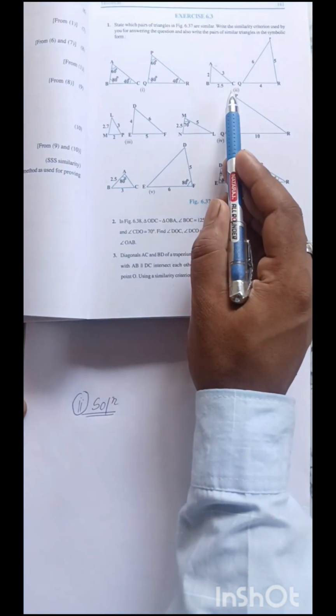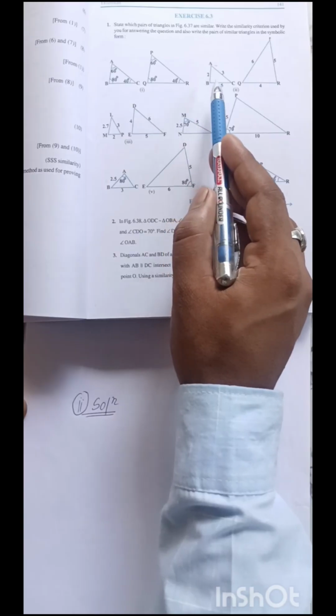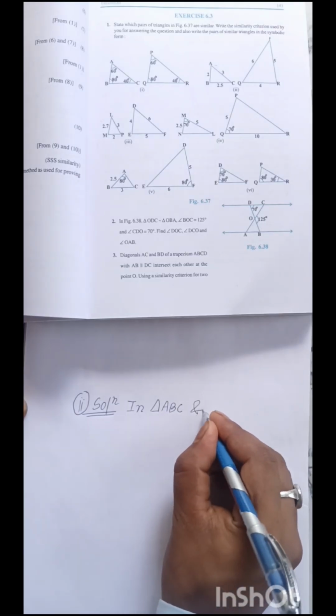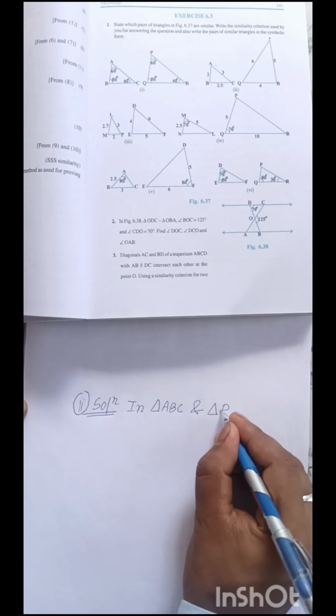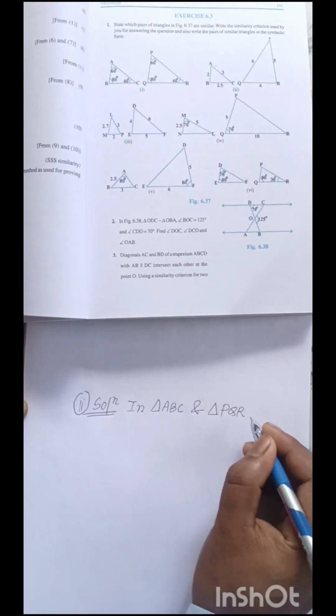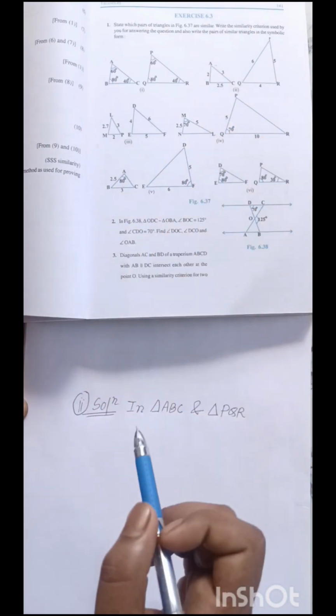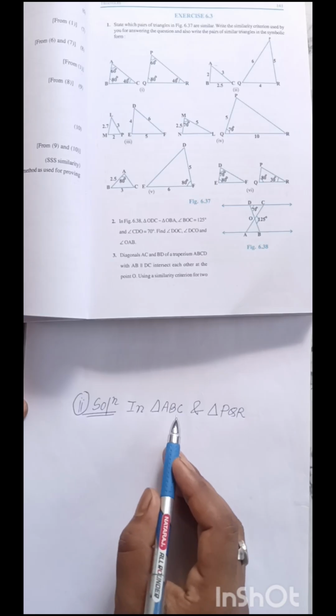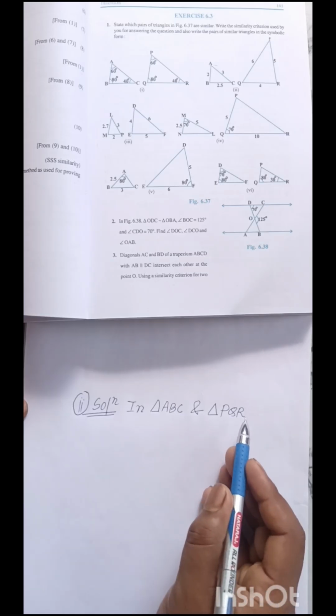So in question number 2, triangles ABC and PQR are given. So I'll write here, in triangle ABC and triangle PQR. But in this question number 2, angle values are not given but sides are given. So I will compare the side ratios now.